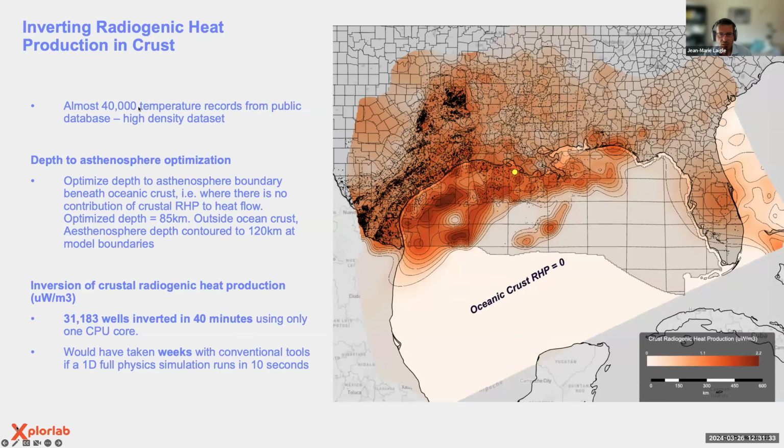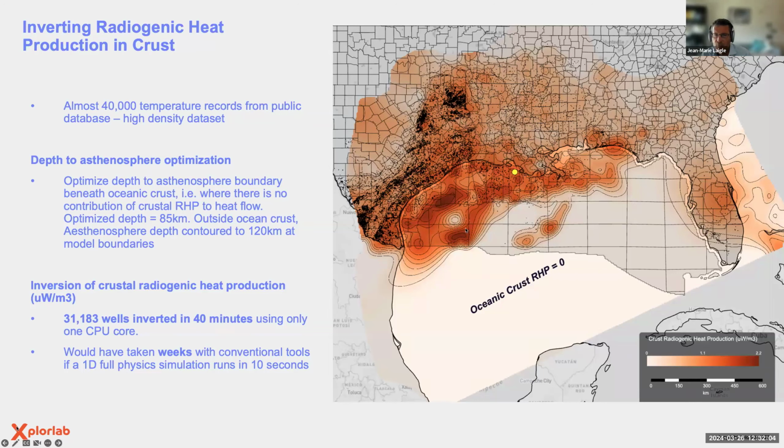That's almost 40,000 temperature records that were used for the calibration of the RHP from a public database, with a strategy which has been first to optimize the depth to the asthenosphere boundary in areas where we know that the RHP is going to be zero because this is oceanic crust. And then from there, focusing on optimizing the RHP in the transitional to continental crust.